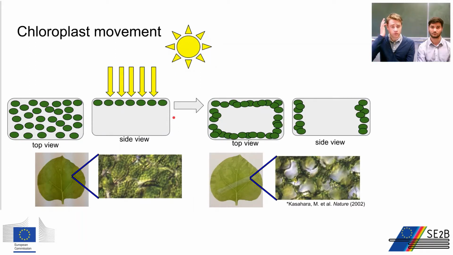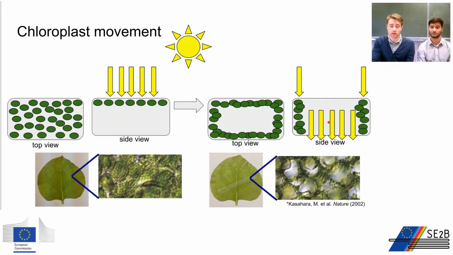However, if we move to a high light system, what happens is that the chloroplasts move to the side of the cell, and this means that we get a smaller area of chloroplast, and they tend to stick a little bit under each other. Now, some of the light will be absorbed, but a lot of the light will still pass through the leaves.